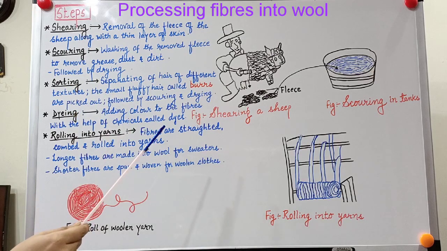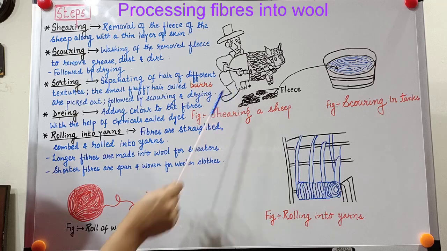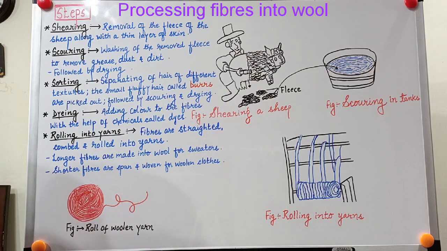Now, the sheep which are commonly found are usually black, white and brown in color. But you may see woolen cloths in a variety of colors, like green, like red, like pink, and any color you may think of.